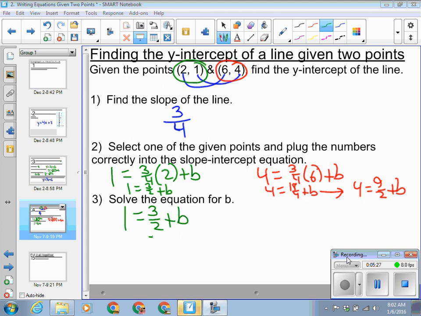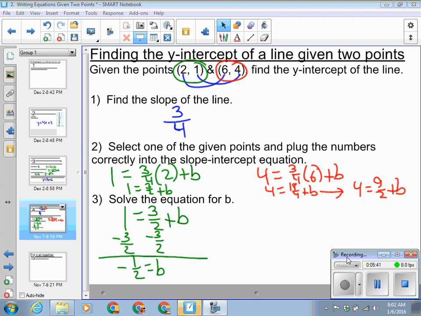And if we subtract 3 halves from both sides, we're going into negative fractions, but nothing we should not be able to do, we're going to get negative 1 half equals b. And then over here, the one in red, we write 4 equals 9 halves plus b.